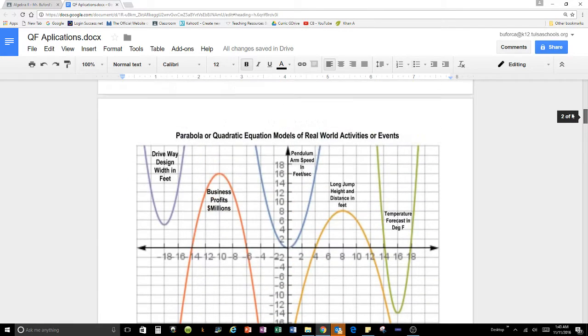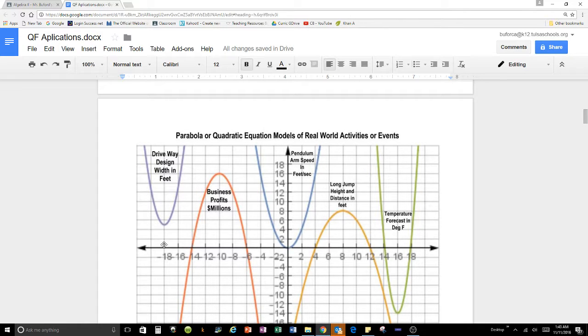So if we go back up here, this is the driveway design width in feet that's being modeled here. And if we look at the vertex, here is the vertex, and we see that the vertex is 5 units away vertically. It's been shifted up 5 units.